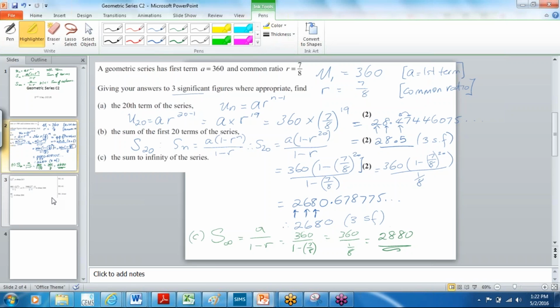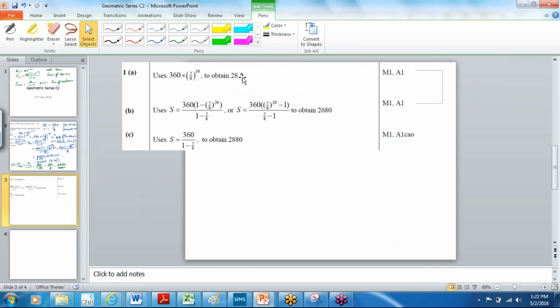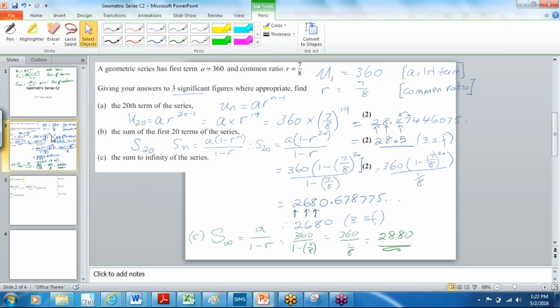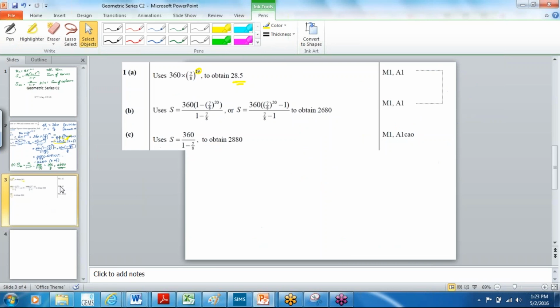Let's have a look at our answers. And we've got 28.5, 3 significant figures. a r to the n minus 1. So notice it's 19, it's not 20. And so 28.5, and there we have the first answer. So the first answer is correct. And the second answer, we're looking for 2,680.